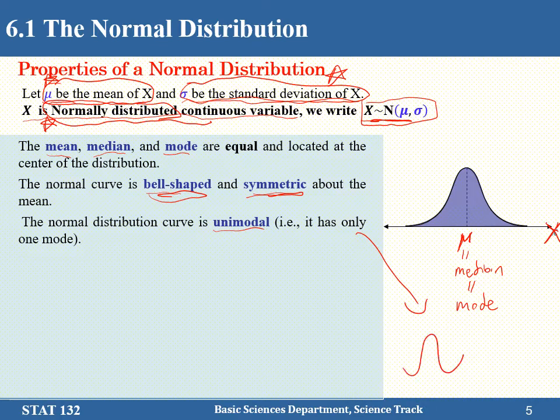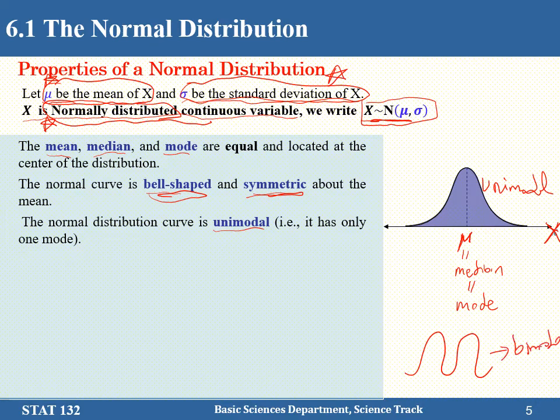It's not two humps, it's only one hump. What is not unimodal is bimodal. For example, this is bimodal because it has two modes. So we don't have it in the normal distribution. It's unimodal, it has only one top and one hump, let's say.